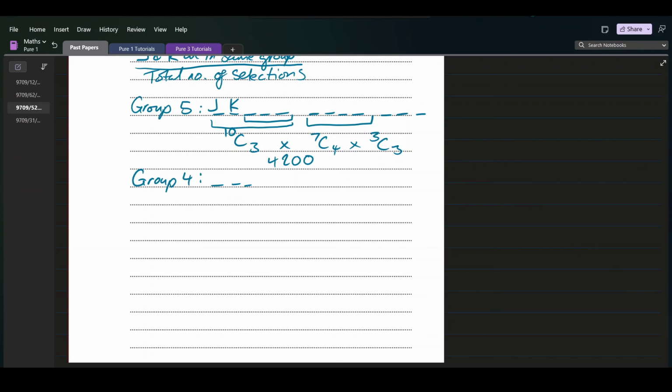Okay. Now let's move on to the second scenario where J and Kaz are in the group of 4. So we have 5 slots in the first group and then 4 slots in the second group, and 2 of them are taken by J and Kaz, and then we have 3 slots in the final group. Since J and Kaz are already selected, only 10 people remain, and we have 5 slots available in the first group.